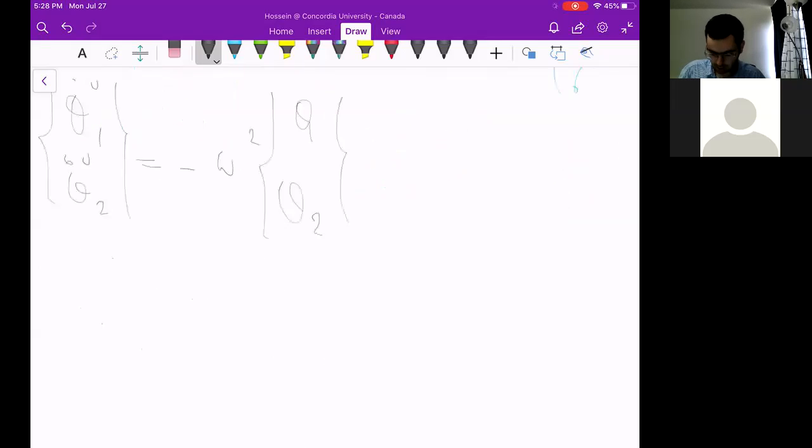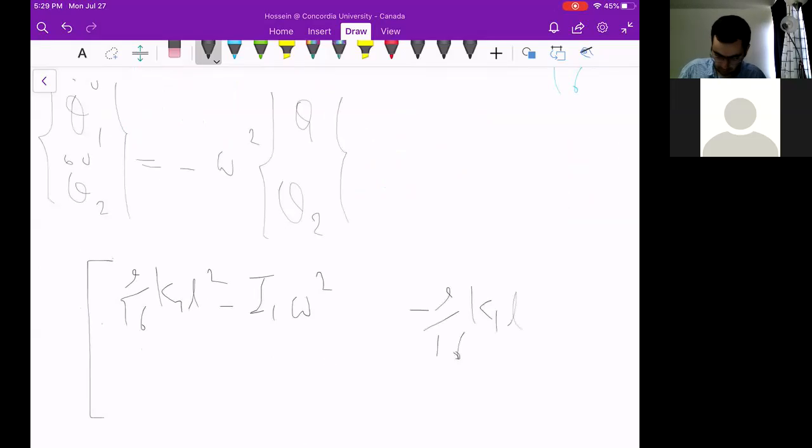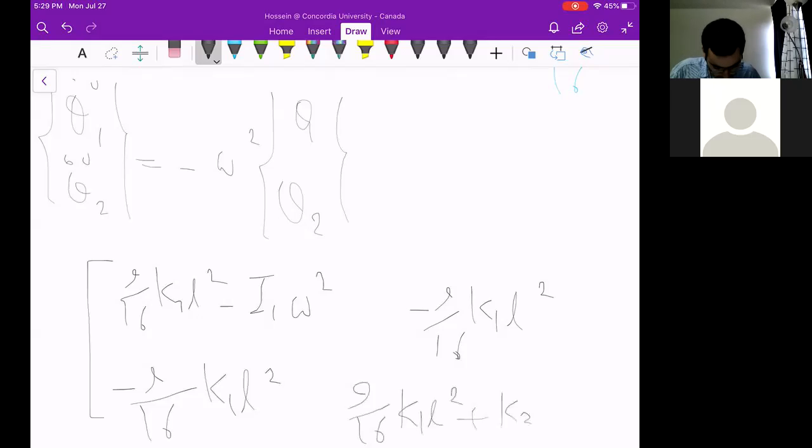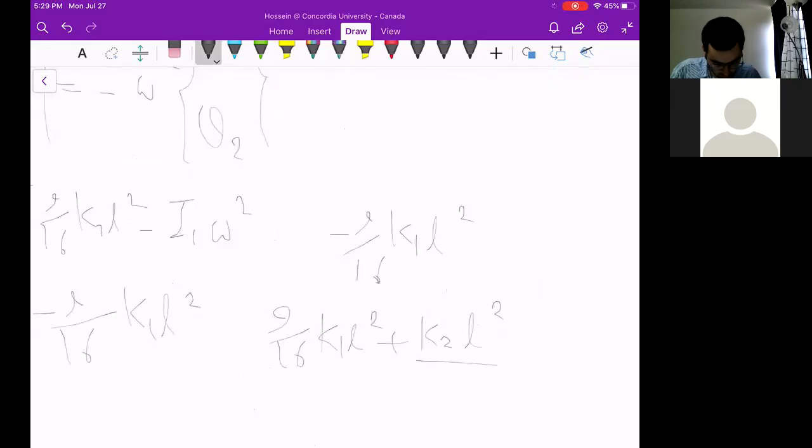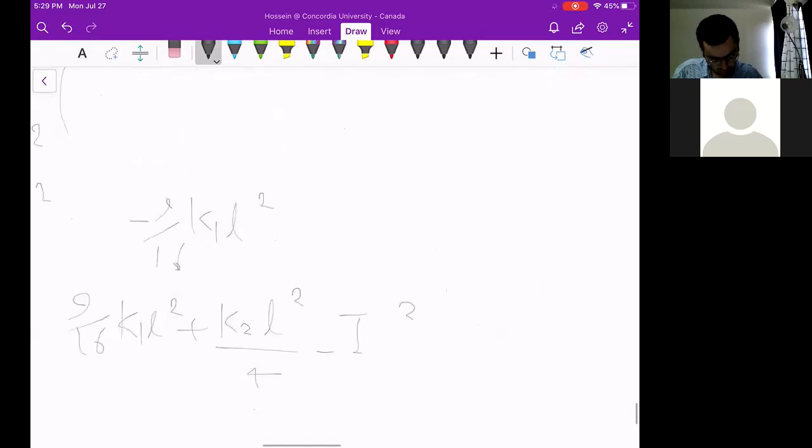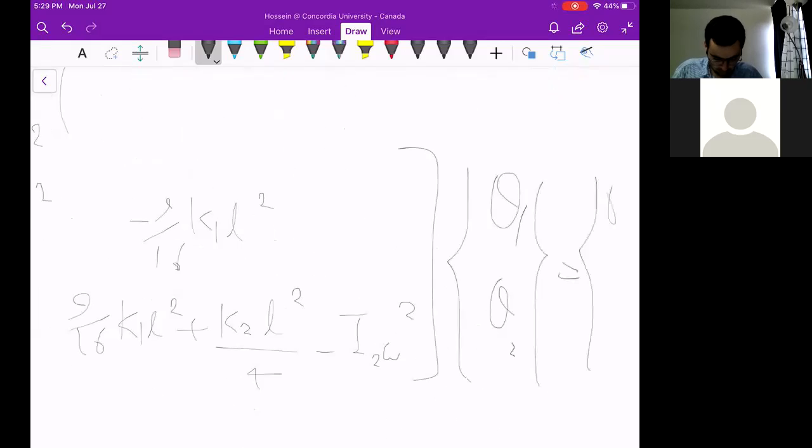If you plug into the equation above, you will have the matrix with 9 over 16 K1 L squared minus I1 omega squared, minus 9 over 16 K1 L squared, minus 9 over 16 K1 L squared, and 9 over 16 K1 L squared plus K2 L squared divided by 4 minus I2 omega squared, multiplied by theta 1 theta 2, equal to 0 0.